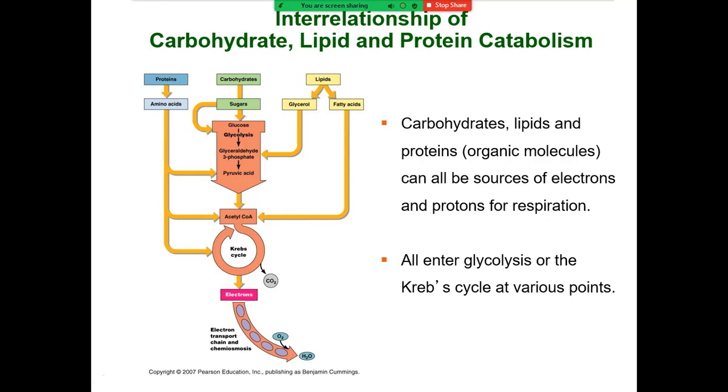Some R groups will be converted into acetyl coenzyme A, meaning they're cut into 2 carbon groups, and then they join the Krebs cycle. Other amino acids join the Krebs cycle near the end of the Krebs cycle. The point is, all the molecules eventually get converted into ATP, meaning they'll be burnt up and join aerobic respiration.